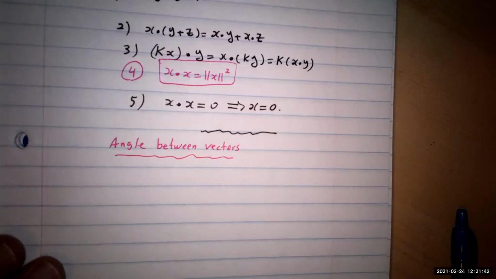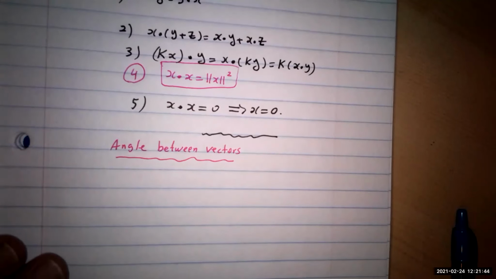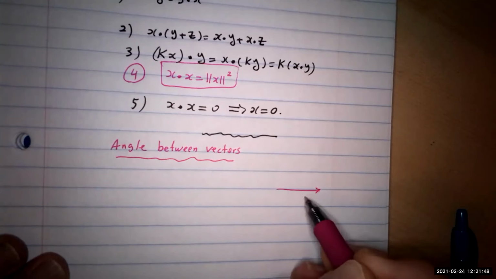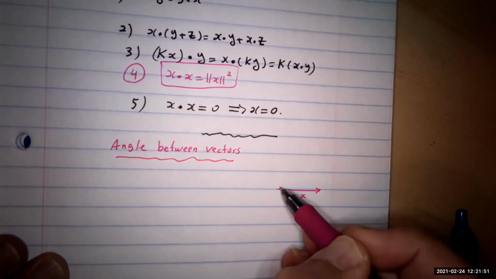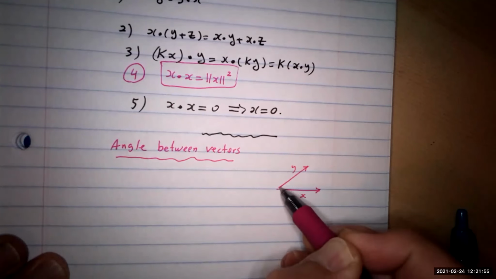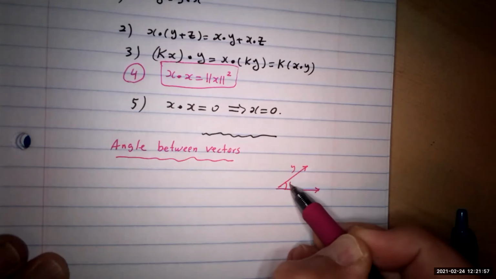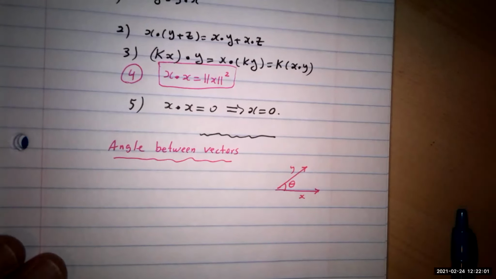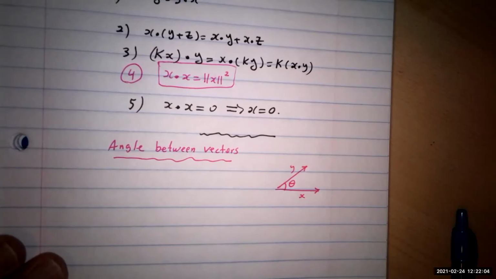Okay, so what's the idea? The idea is you are going to have two vectors. You should look at this one. This is the vector x, and this is going to be the vector y. There is an angle here, theta. We want to find it. We want to get the formula to find this one.